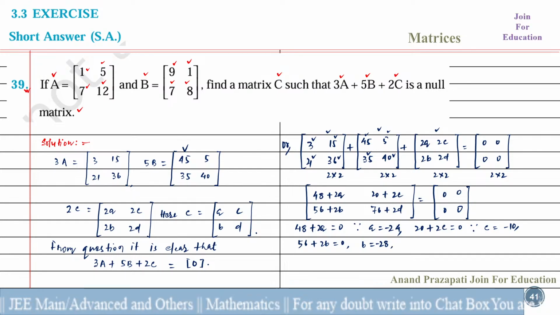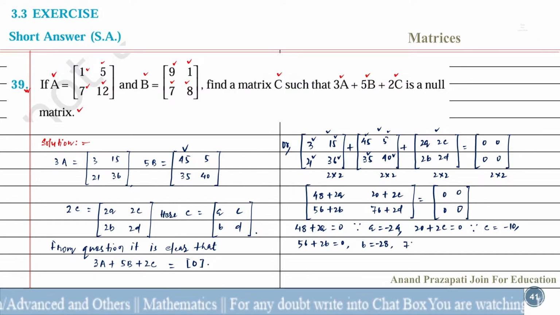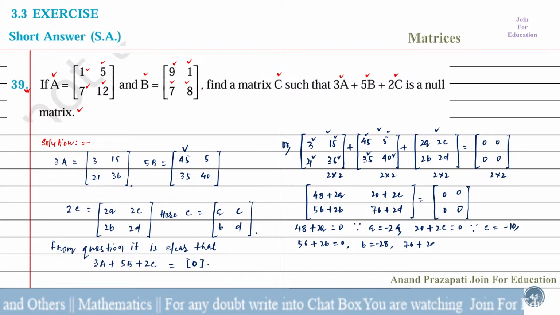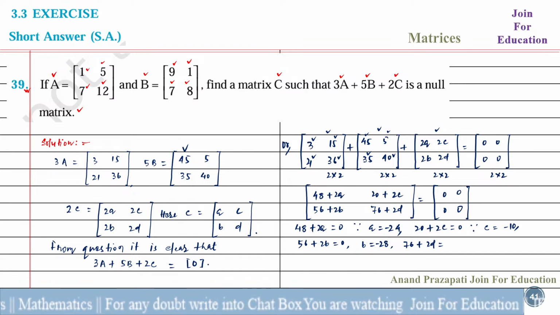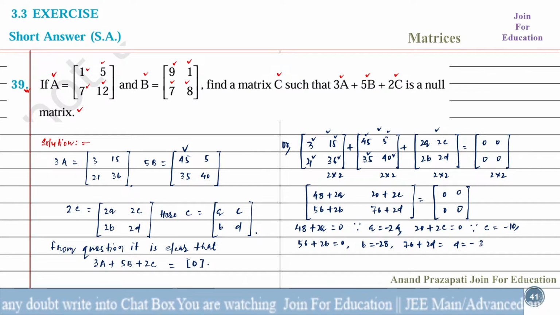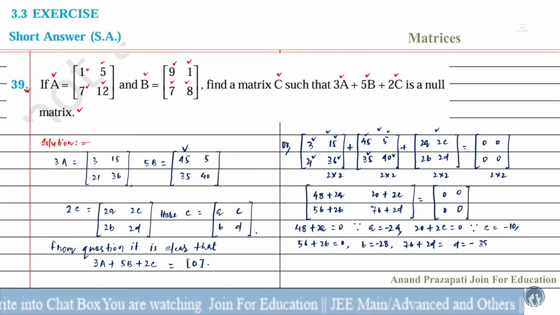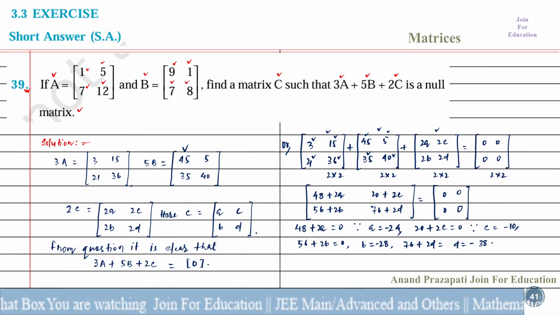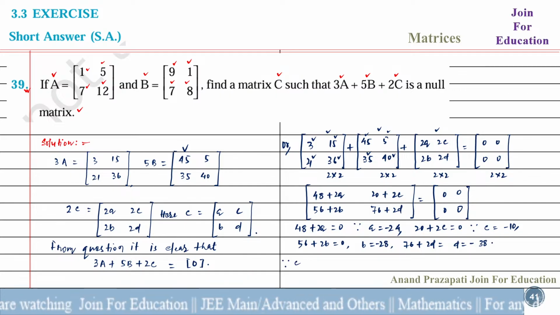And 76 plus 2d equals 0, therefore d equals minus 38.